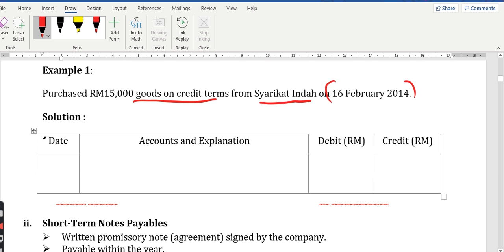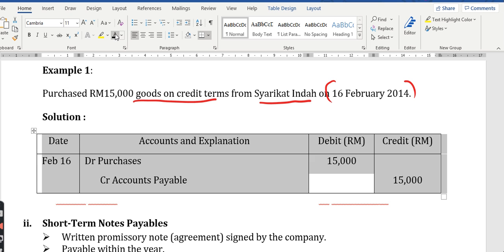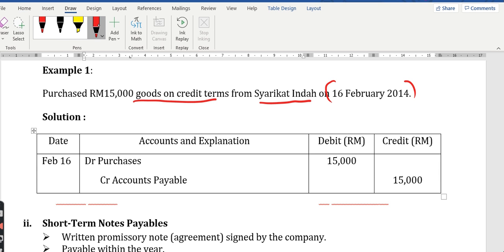Since it is a purchase on credit terms, we will debit purchases and we will credit accounts payable. This accounts payable is under the name of Syarikat Indah, and the amount is 15,000. These are the obligations that the company needs to pay within 1 year. This is how you record your accounts payable.